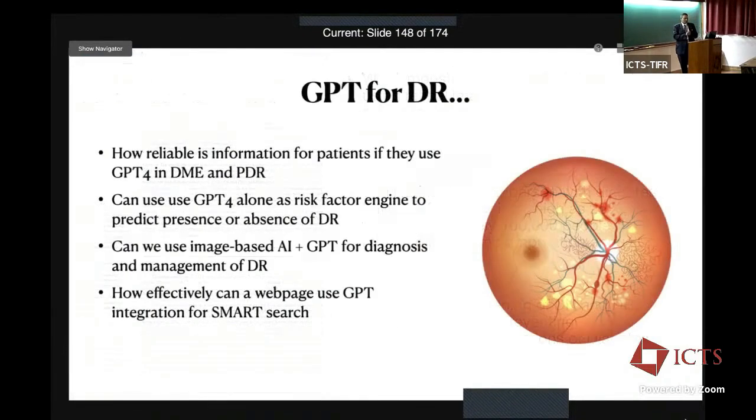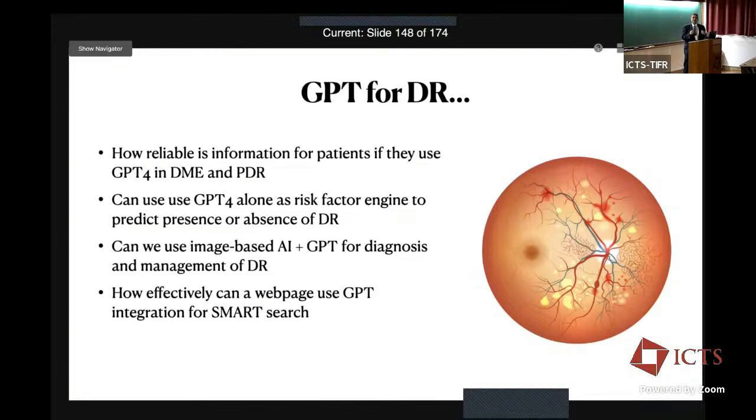I'll conclude the talk with some of the studies we recently completed, trying to use GPT for diabetic retinopathy. As a clinician, I immediately thought that patients will start using it. People are already using it, and they will get a lot of information. How reliable is this information to the patient?